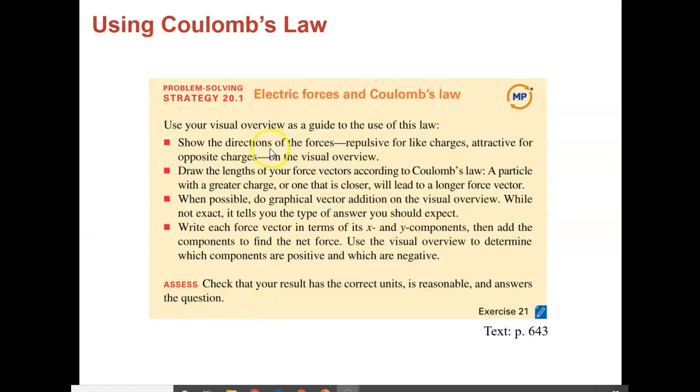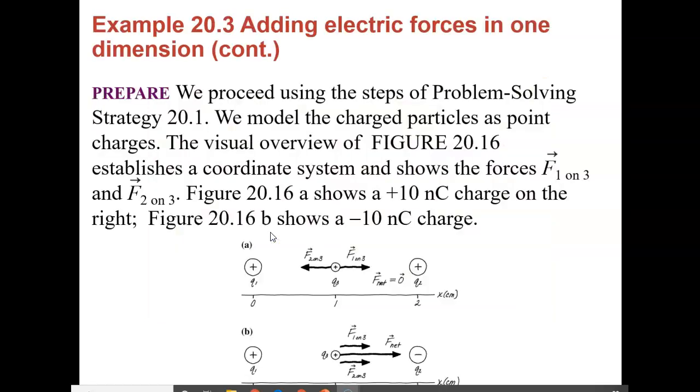So you can draw vectors on an x and y coordinate system. So, example here. We're going to look at the force pulling on this particular charge in the middle.